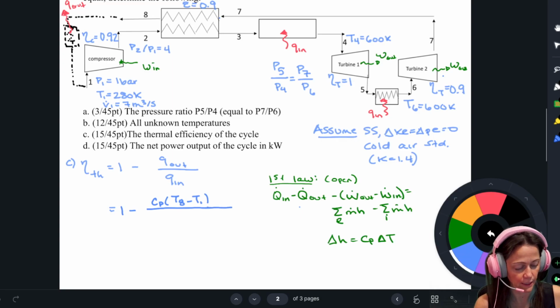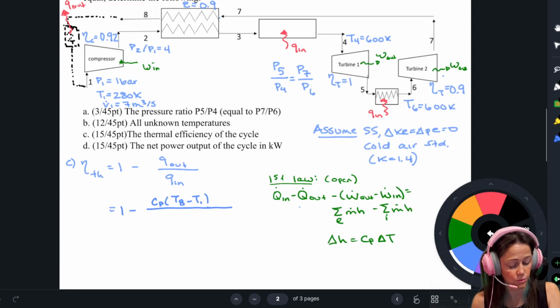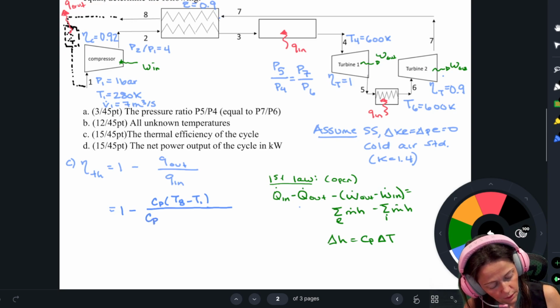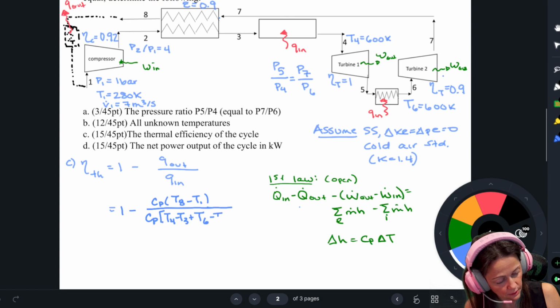On the bottom, again, you've got 2 Q ins, one between 3 and 4, one between 5 and 6. So it should be T4 minus T3 plus T6 minus T5.